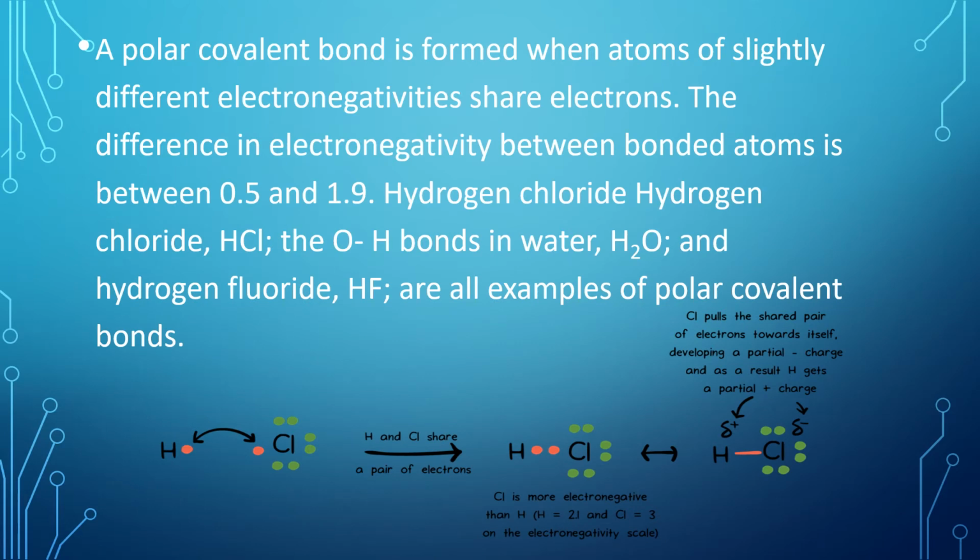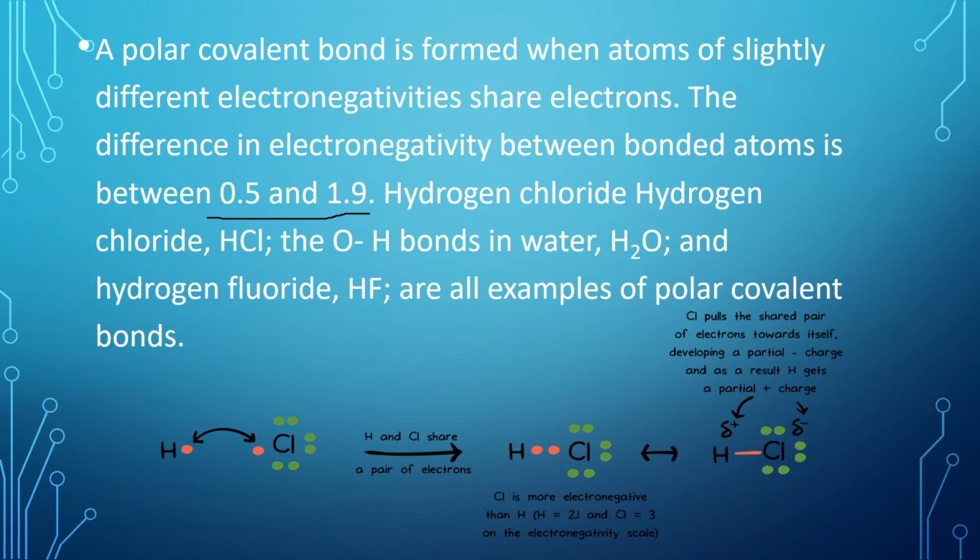So when there is a difference from 0.5 to 1.9, although in some books it is only up to 1.5 to 1.6, because once it exceeds that, it falls under an ionic bond. Polar bond means unequal sharing, meaning one mostly gains electrons, like hydrochloric acid.